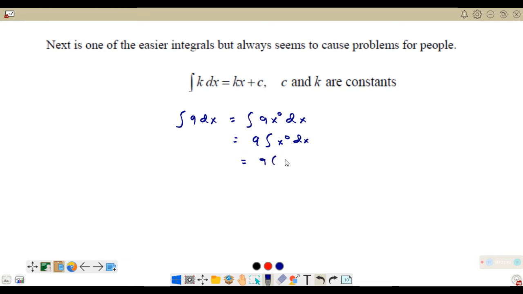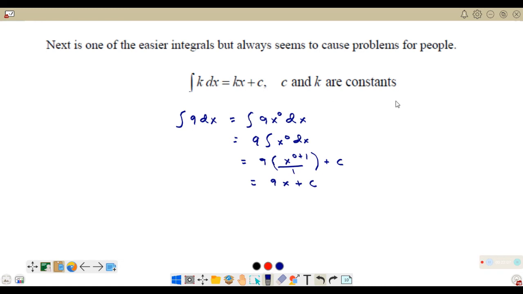So, si x raised to 0 is 0 plus 1 divided by 1. Tapos, mag-add lang tayo ng c. So, meron ka ditong 9 x raised to 1 or x plus the constant c.